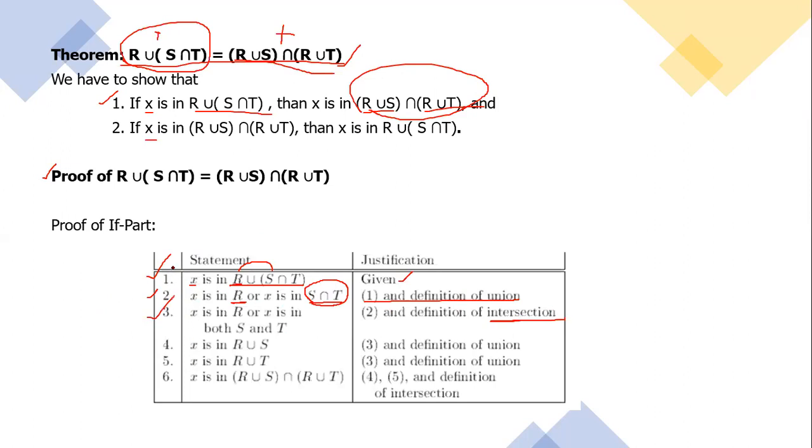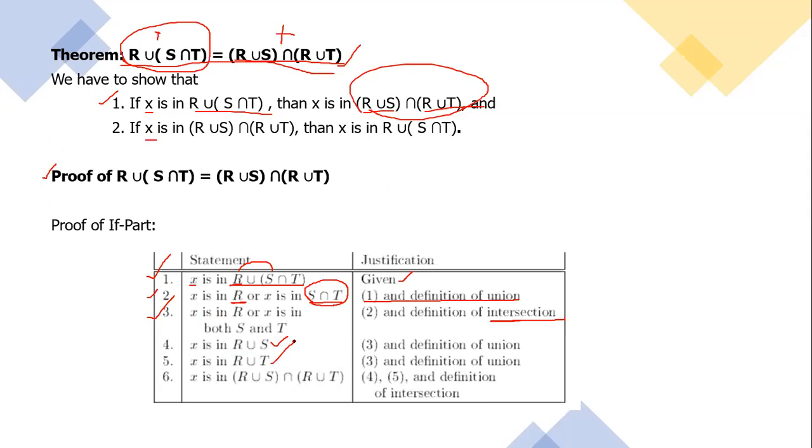So I just stated 3 points. Now my fourth point is from the third point and the definition of union. My third point is nothing but X in R, otherwise X in both S and T. So I can say X in R union S, R union T. Can you follow?